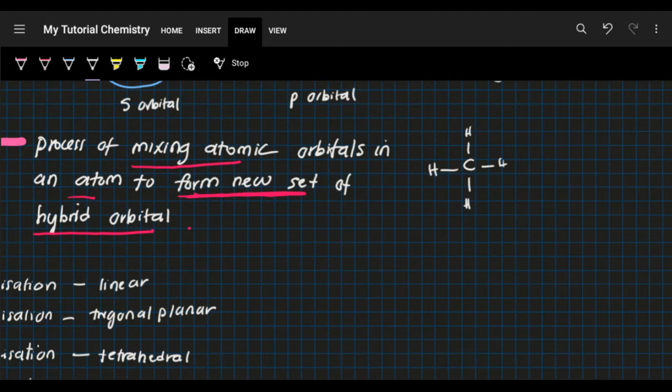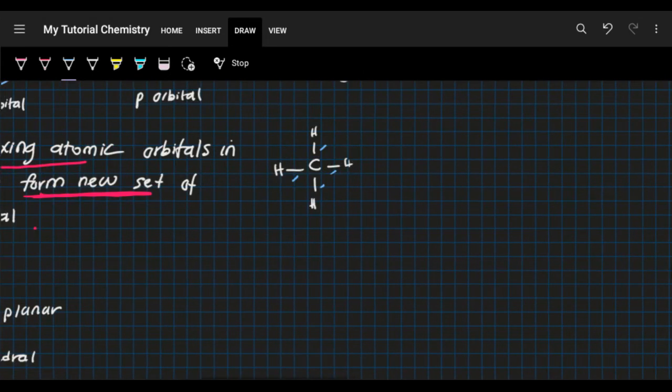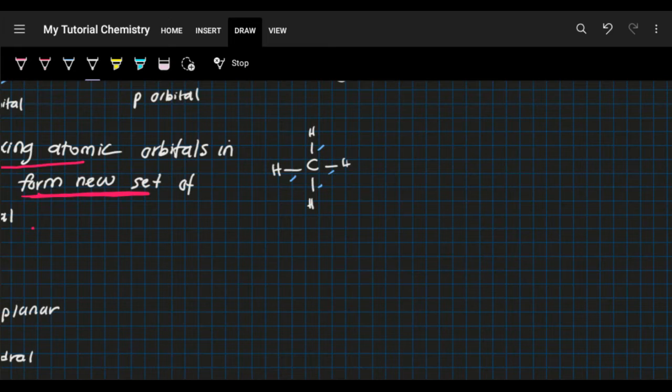In this case, if we refer to the number of bonds, carbon has 4 bonds: 1, 2, 3, 4. Meaning that carbon must have 4 single electrons in its orbitals. However, carbon has 2s2, 2p2.